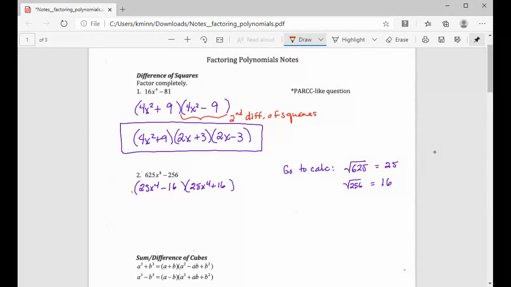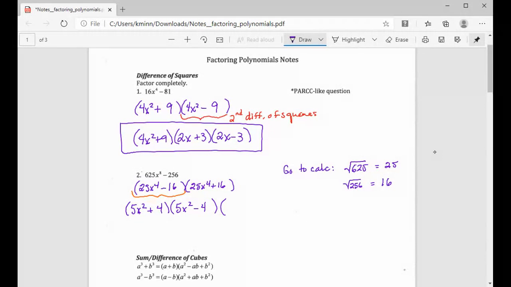In here, we have another difference of squares. 25x to the fourth minus 16 also comes out to be a second difference of two squares. So we follow the pattern again and break this down to be 5x squared plus 4 and 5x squared minus 4.